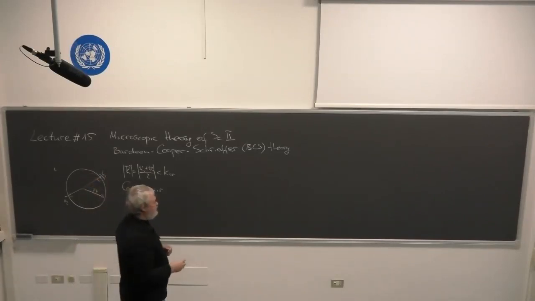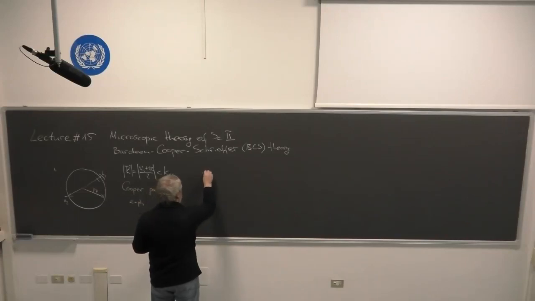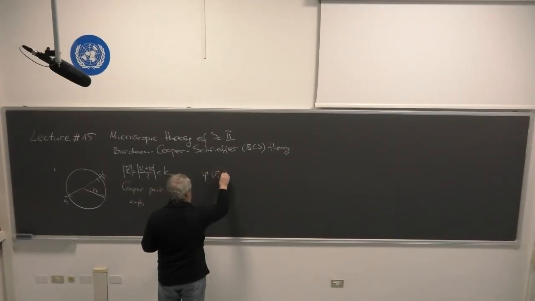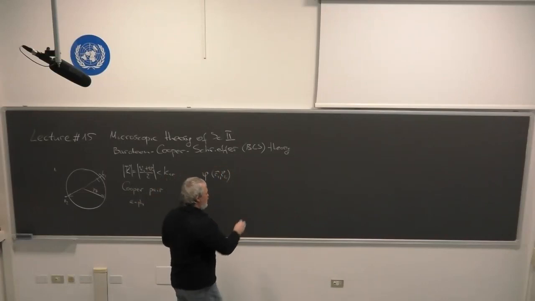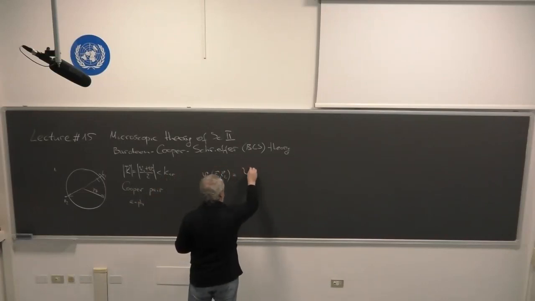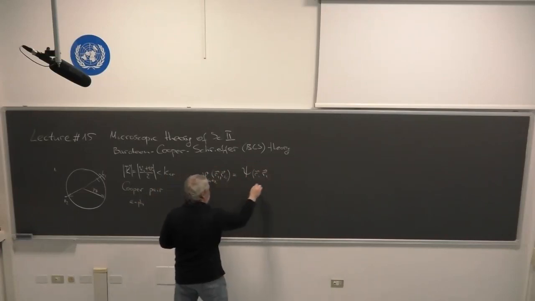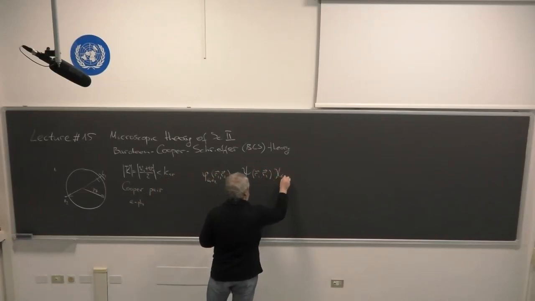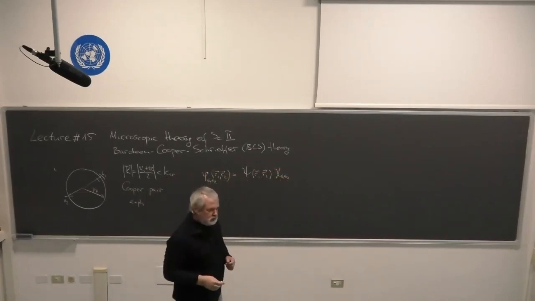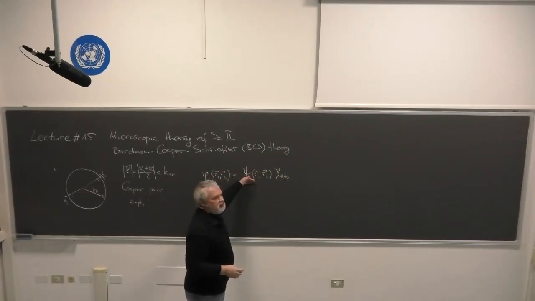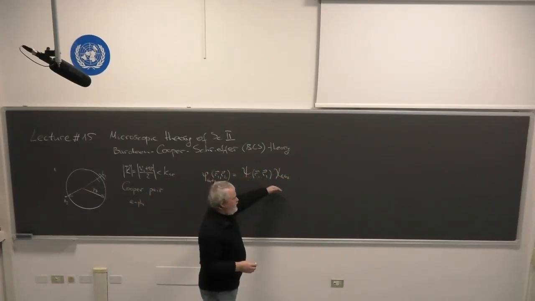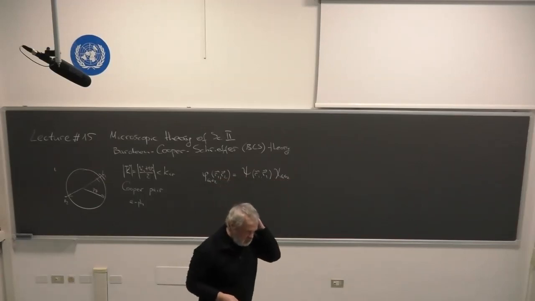We discussed that the wave function of the two electrons, r1, r2, describes the spin degrees of freedom and orbital degrees of freedom: psi(r1, r2) times chi(sigma 1, sigma 2). The psi is responsible for the orbital degrees of freedom, and chi for the spin degrees of freedom.